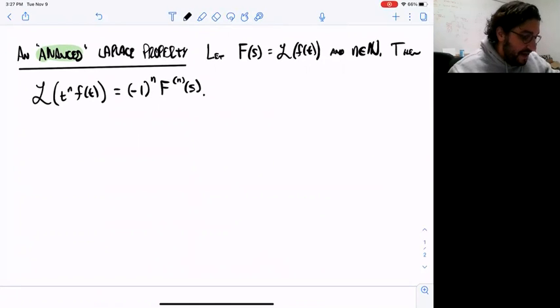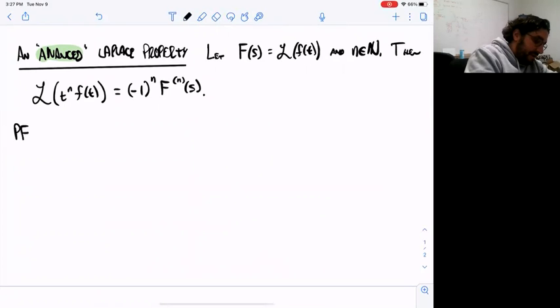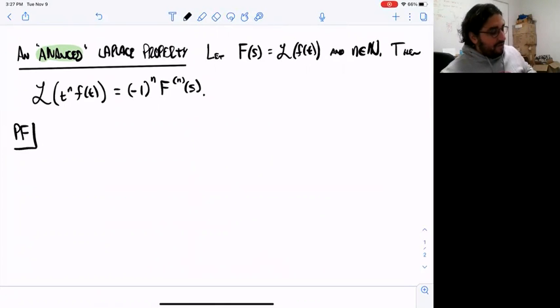Suppose you have the Laplace transform of a function multiplied by a power of t, right? If you have it multiplied by a power of t, it turns out the way it affects the Laplace transform is it multiplies by -1 to the n, where n is the power of t, and takes n derivatives of the Laplace transform, right?